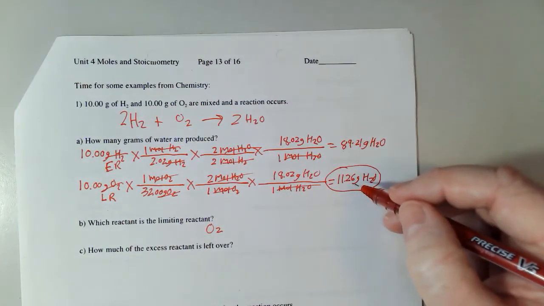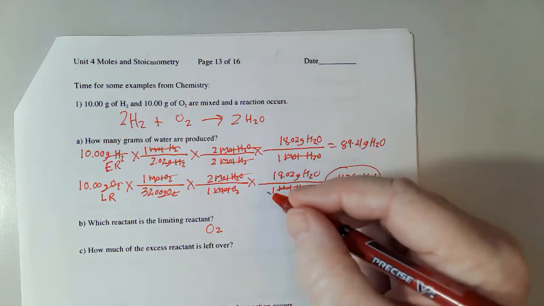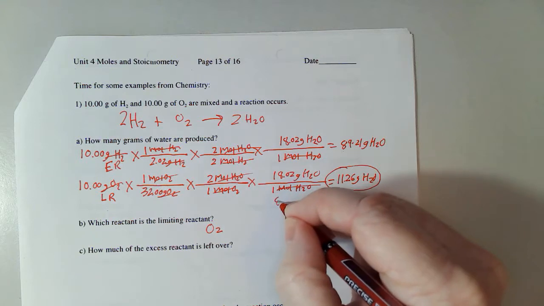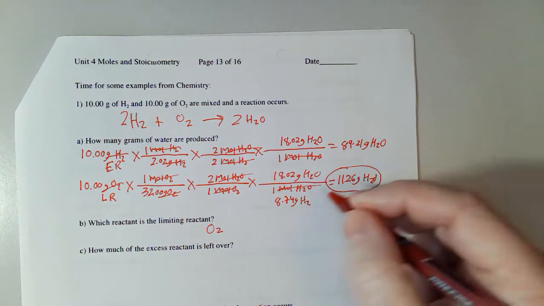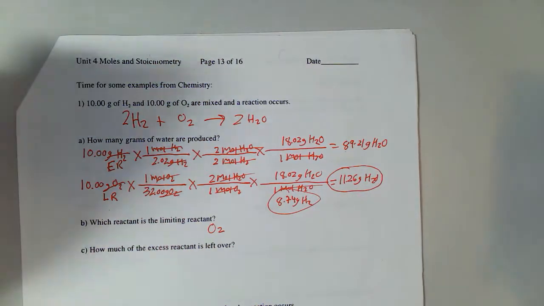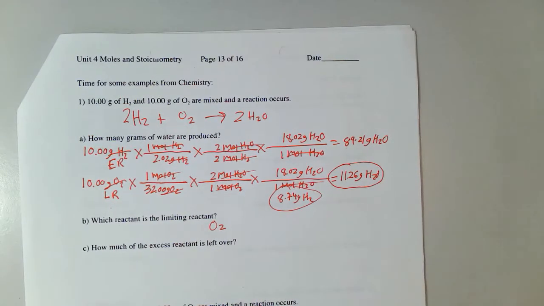If I have 11.26 grams of water, 20 minus 11.26 tells me that I'm going to have about 8.74 grams of hydrogen left over. Now, that's not how we typically do it, but that is kind of a common sense thing for us.